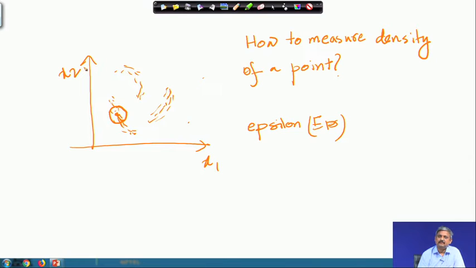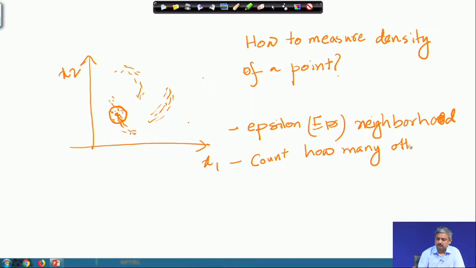That is why DBSCAN is originally applied mainly to geospatial GIS data sets, where you have fewer dimensions. Anyway, we have this epsilon neighborhood, a circle centered on a point with radius epsilon, and we count how many other points lie in that neighborhood.